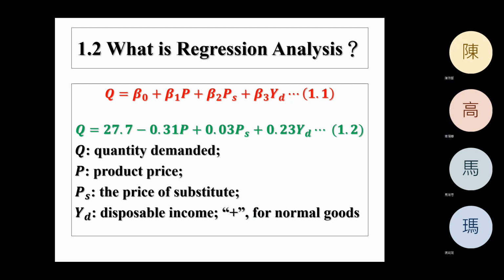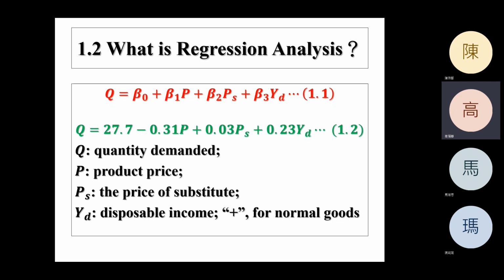In regression analysis in this course, on the left-hand side there is only one variable. Here it is the demand. On the right-hand side, there are three independent variables: the price of the product, the price of the substitute, and the disposable income.